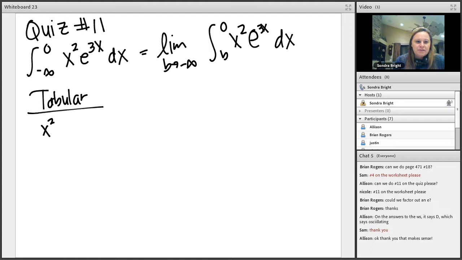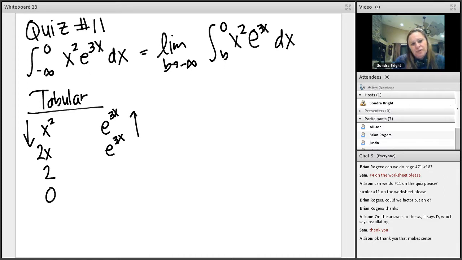So it would be an x squared, then a 2x, then a 2, and then a 0. Remember, you take the derivative on that one. But on e to the 3x, you're doing antiderivatives. So the antiderivative would be e to the 3x, but you would have to undo the 3, so it would be 1/3 e to the 3x.